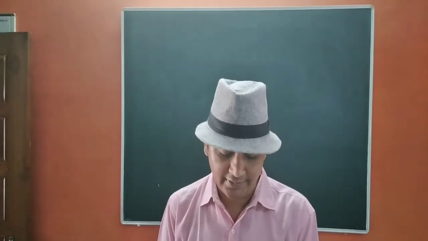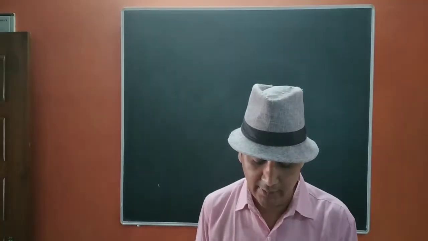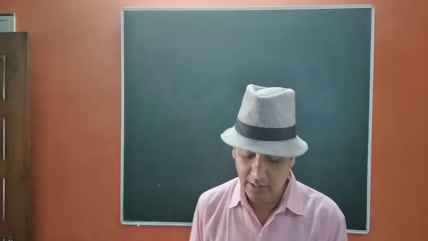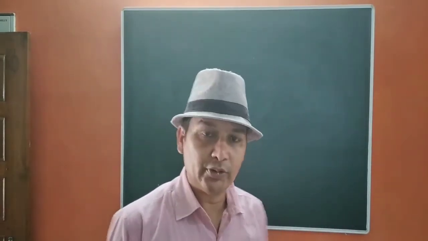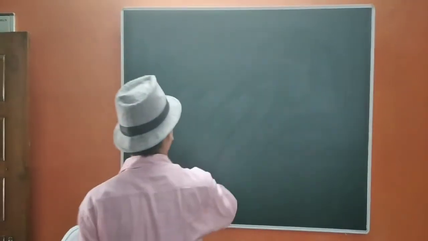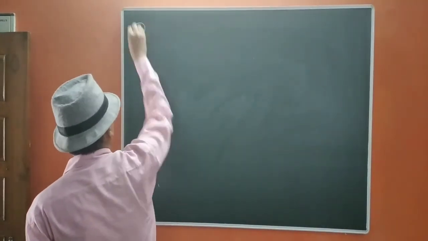Now question number 6. Record the following transaction in double column cash book and balance the books on 31st March 2019. We are going to solve the question. Let us start. Question number 6.